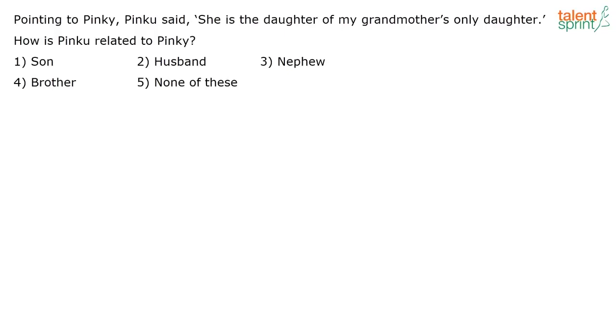See, pointing to Pinky, Pinku said, "She is the daughter of my grandmother's only daughter." So Pinku has a grandmother, okay. Generally in questions, when they don't mention which grandmother it is, like paternal or maternal, we consider it to be the paternal grandmother.